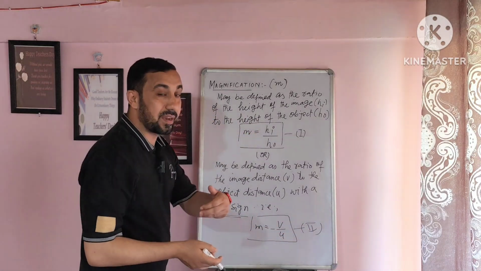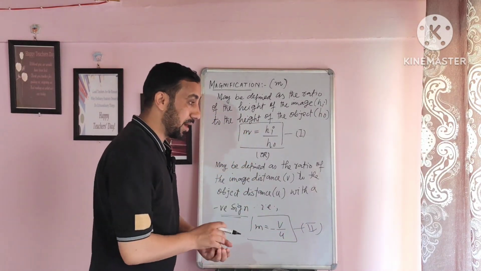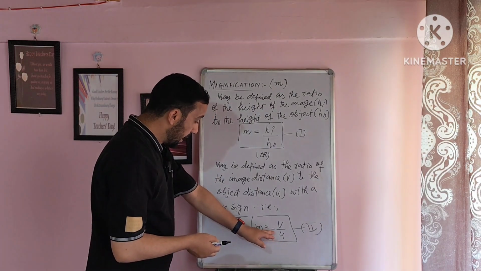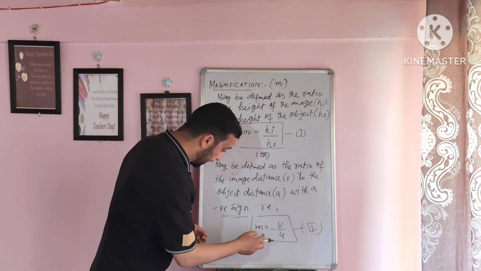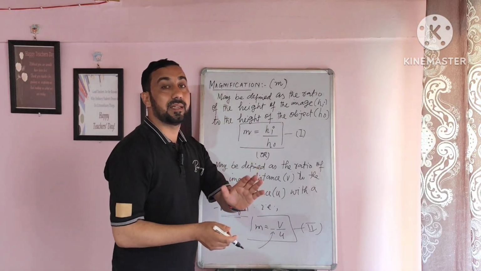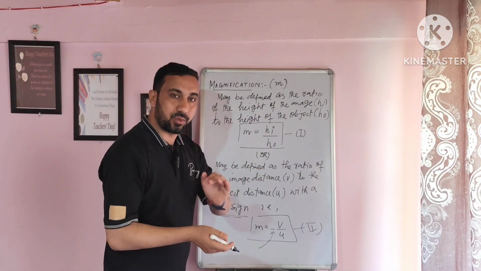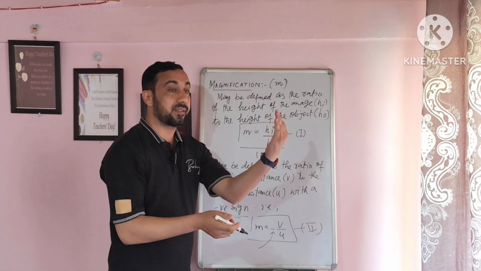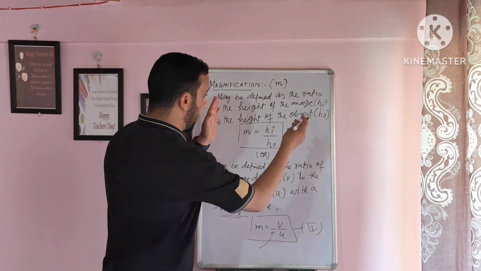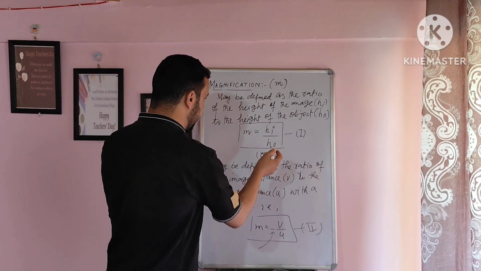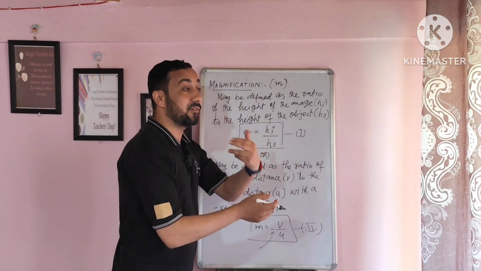Now, many students might have a doubt in their minds about why we place a negative sign here. Dear students, it is very simple. This negative sign is only because of the placement of the object. You know that the object is always placed on the left side of the mirror, or we can say on the front side of the mirror, and whenever anything is placed on the left side of the mirror, we place a negative sign with that.